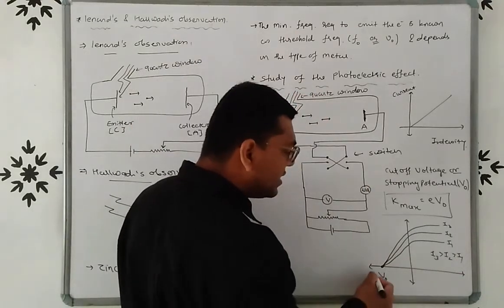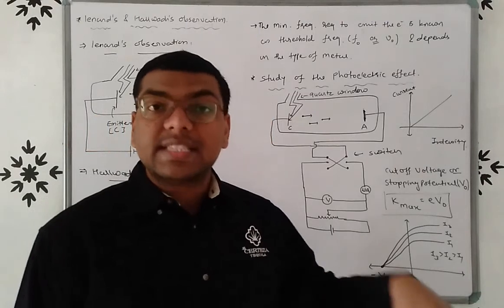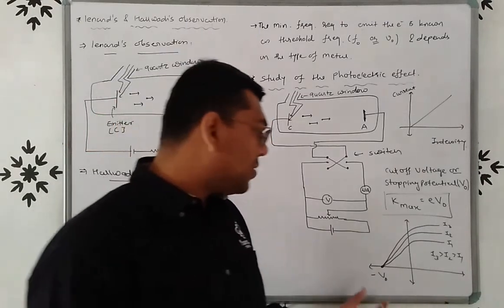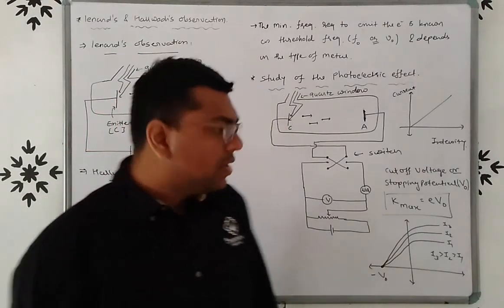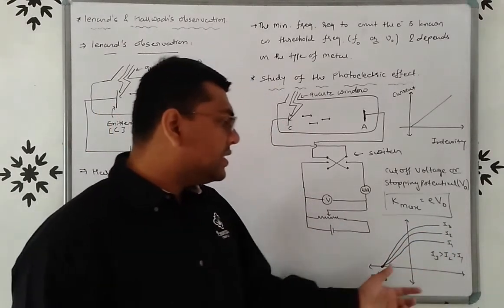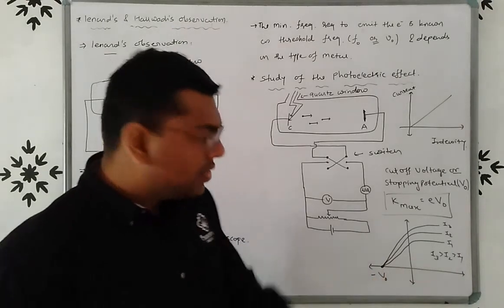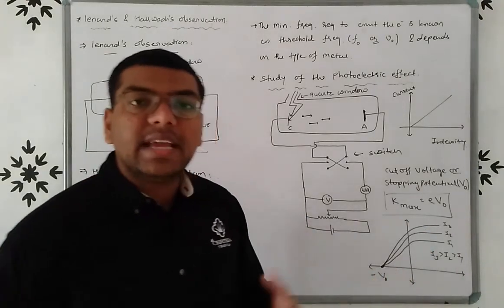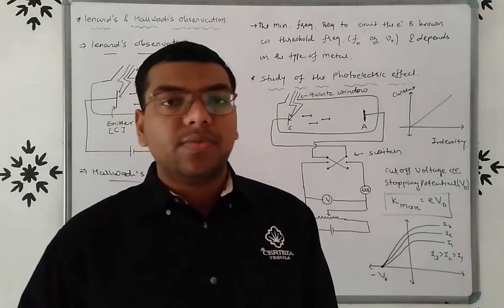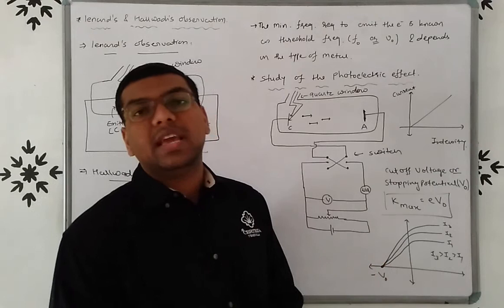And this potential is negative because it is on the left hand side. Here we decrease the potential, right? So the stopping potential is negative. So this is the graph of the intensity and potential. From this we can say that if we increase the intensity of the rays, there is no change in the potential.